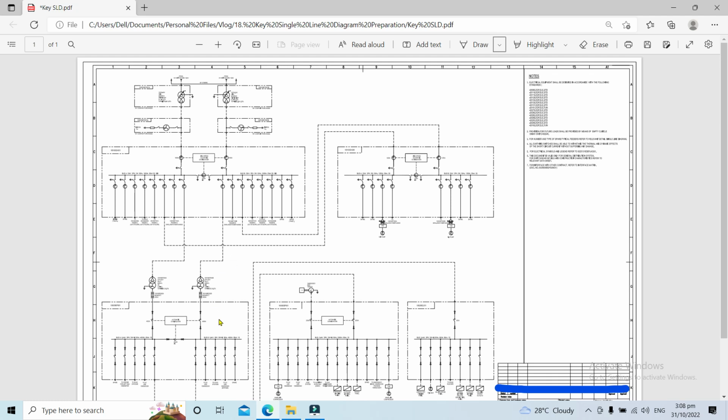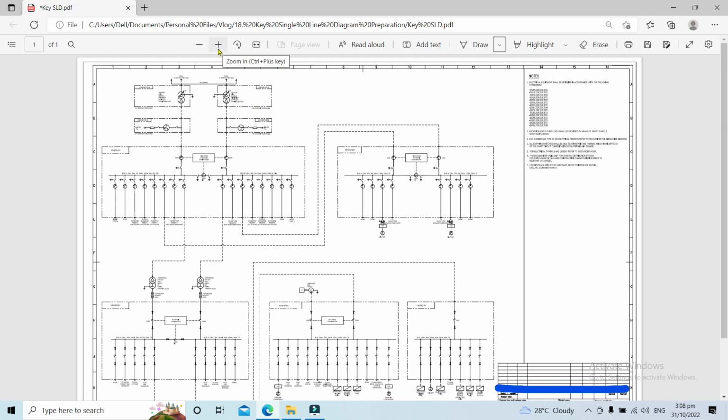From here we have 3 LV switchboards, or 3 LV switchgear. These two are a double radial system, while the third one is a single radial connection. So let's discuss one by one each system of our power system.